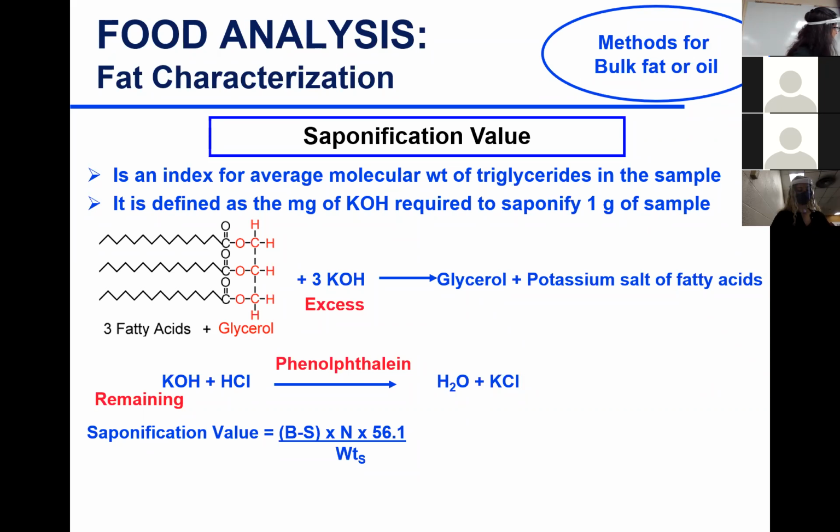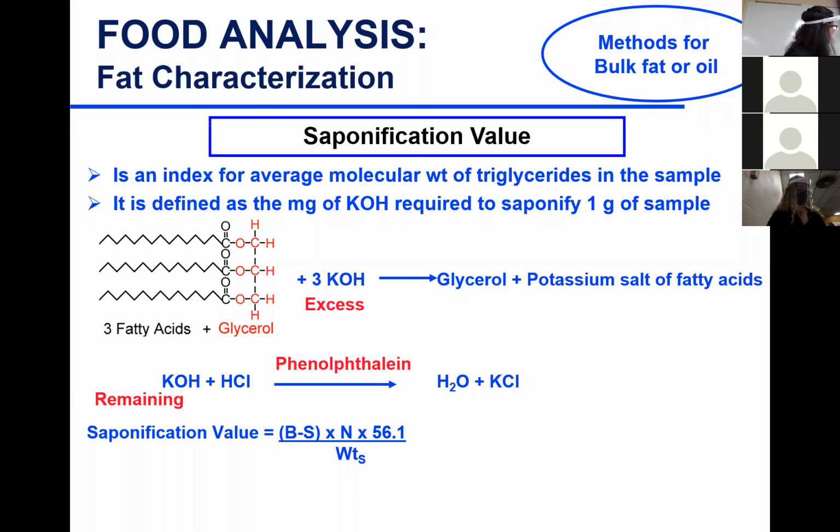The remaining KOH, since it's a base, we just titrate with HCl in the presence of phenolphthalein. It will be a dark pink, reddish color in the presence of KOH. As you titrate with HCl, the color will fade, fade, fade until the last drop of HCl turns the solution colorless.